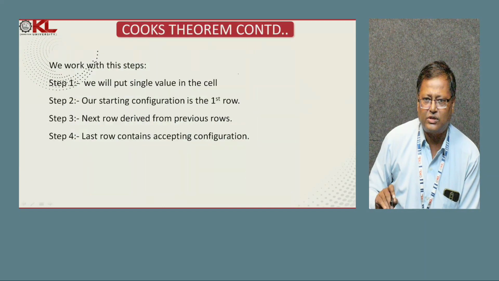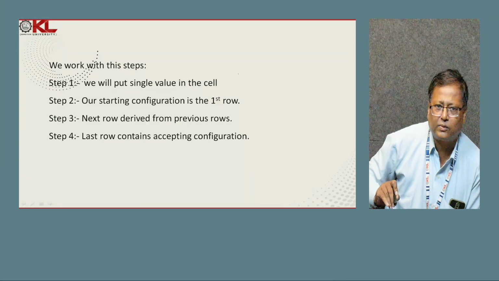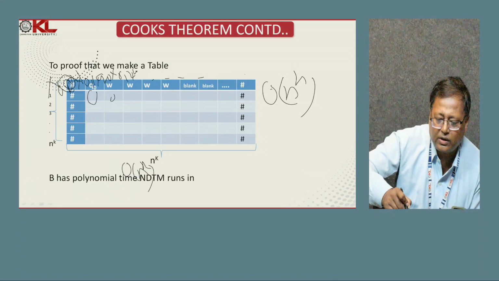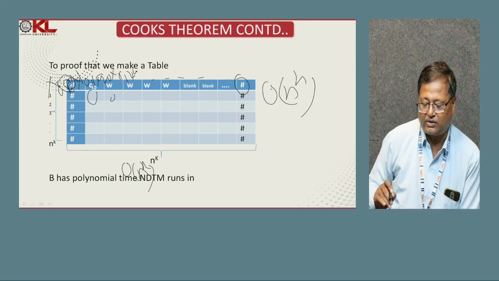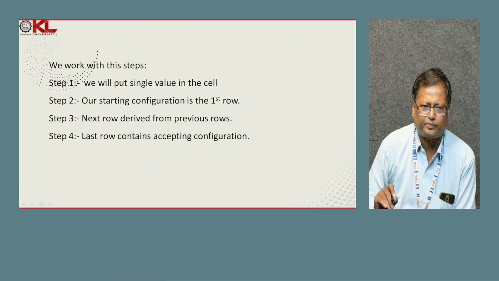The final configuration is the conjunction of these. This is the starting row, or the start configuration, of that Turing machine.